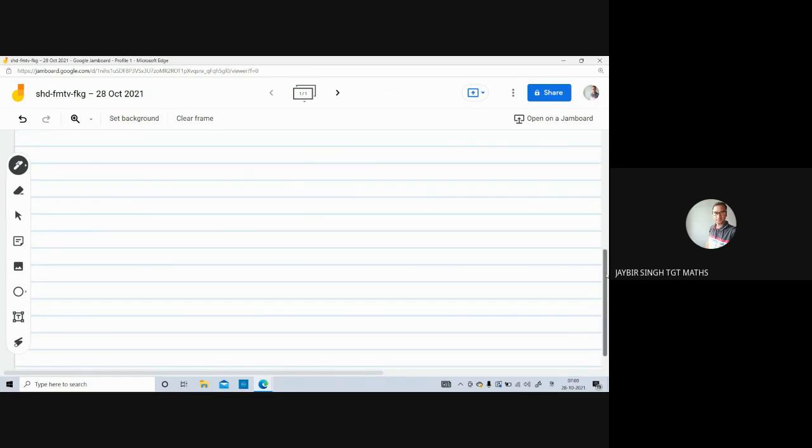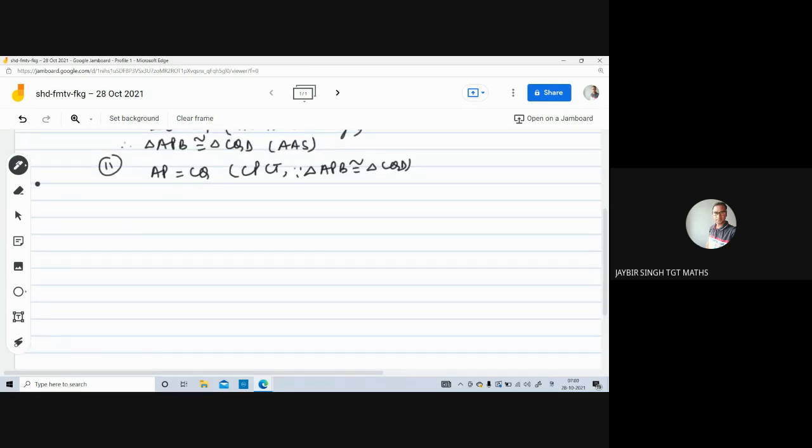Now question number 11. Question number 11 is: in triangle ABC and triangle DEF, AB is equal to DE. I'm just making the figure. Then you will come to know what is given and what is to prove.